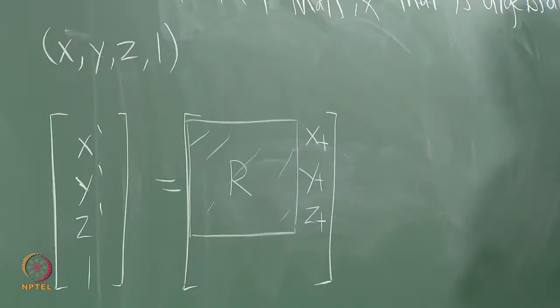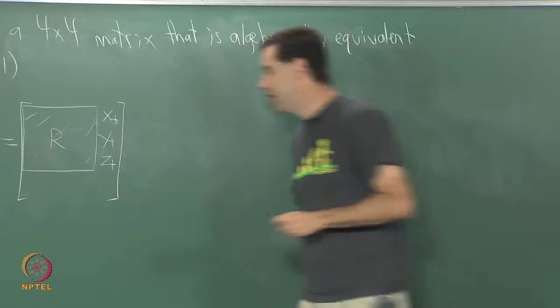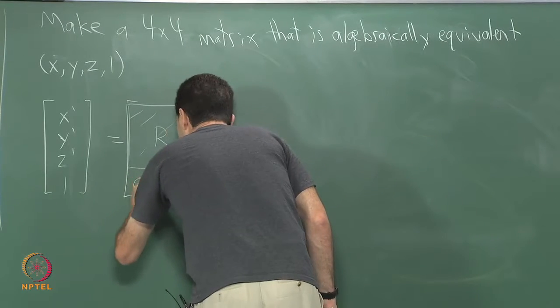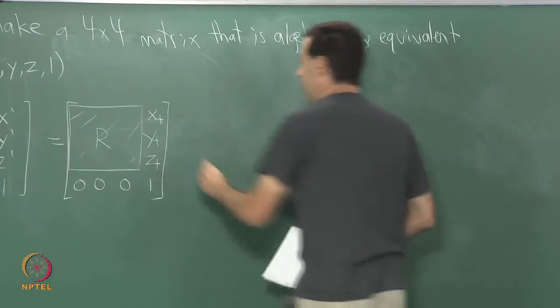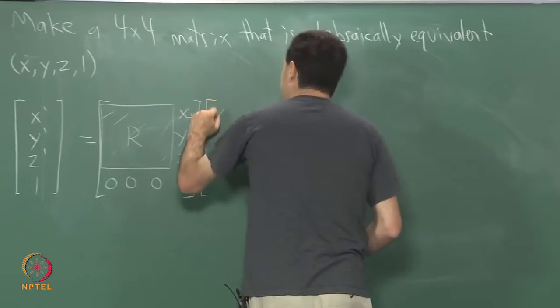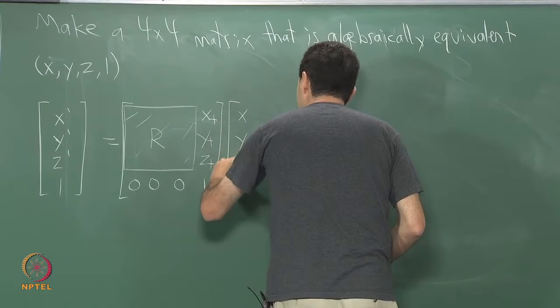And the bottom row is going to look like a piece of the identity matrix. So it'll be 0, 0, 0, 1. And then I'll apply this matrix to my new 4-dimensional vector x, y, z, 1.